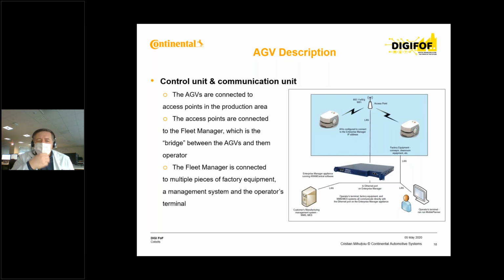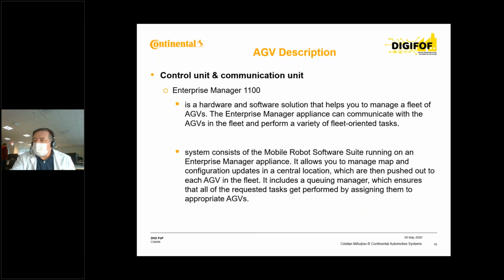The control unit and communication unit are included in the AGV and are optimized for easy control and cooperation between the AGV and the fleet system for the entire AGV system that we have in the plant. For communication, we have Enterprise Manager, the software solution that helps to manage the fleet.